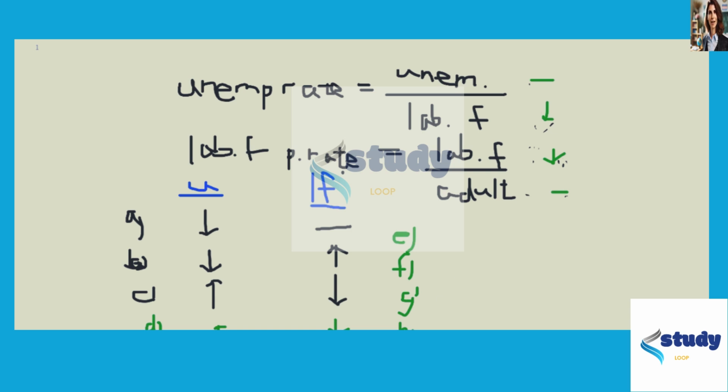She becomes an adult, so we know for sure that the number of adults goes up. But she has no interest in working, so she is not part of the labor force, so the labor force doesn't change. So the labor force participation rate goes down. What about the unemployment rate? The labor force doesn't change and unemployment doesn't change, so the unemployment rate stays the same.